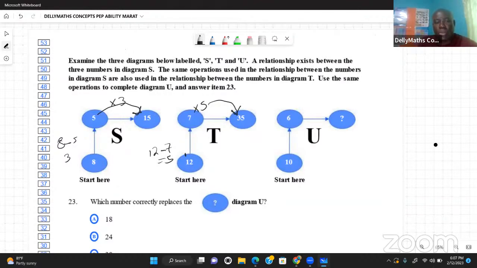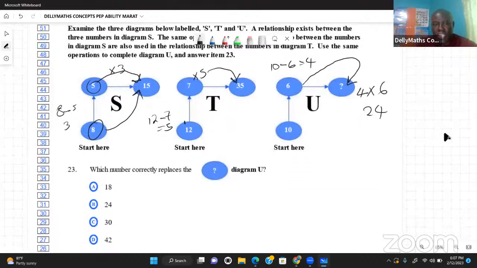So basically what we're doing here, we're subtracting this number from the one below and then multiplying by the number to come here. So it's going to be 10 minus 6, and that's going to be 4, right? So you could see that there's a difference of 4, and we're going to multiply 4 by 6 to come here. So 4 times the 6, and we're looking for 24.